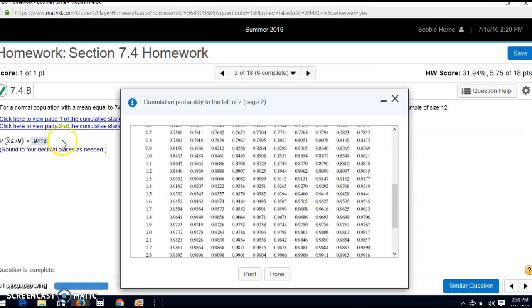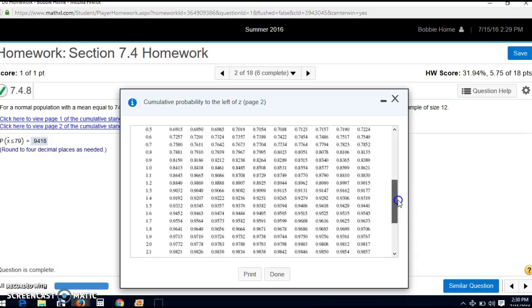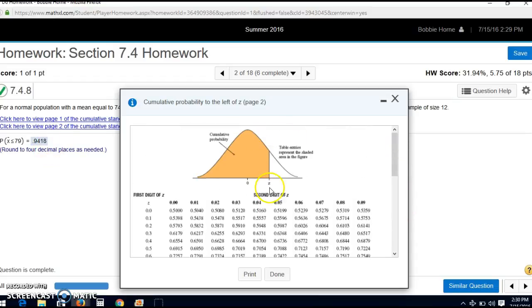It is 0.9418. Now, if it asks you for the probability that it is greater than or equal to, the whole probability should add up to 1. So the probability of your value being here or less is 0.9418.